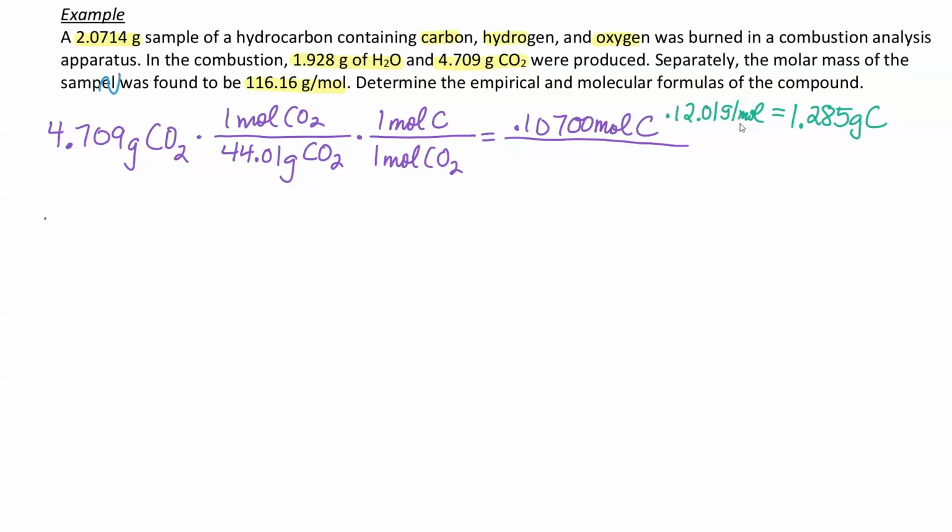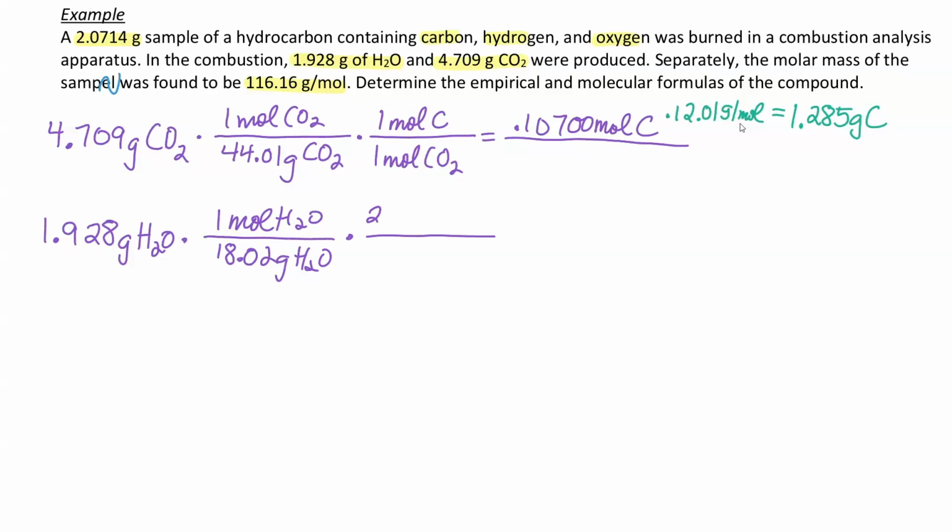Same thing for water. We're going into moles and then also into grams of hydrogen, 1.928 grams of water. 1 mole of water is 18.02 grams of water. And then 2 moles of hydrogen for every 1 mole of water.